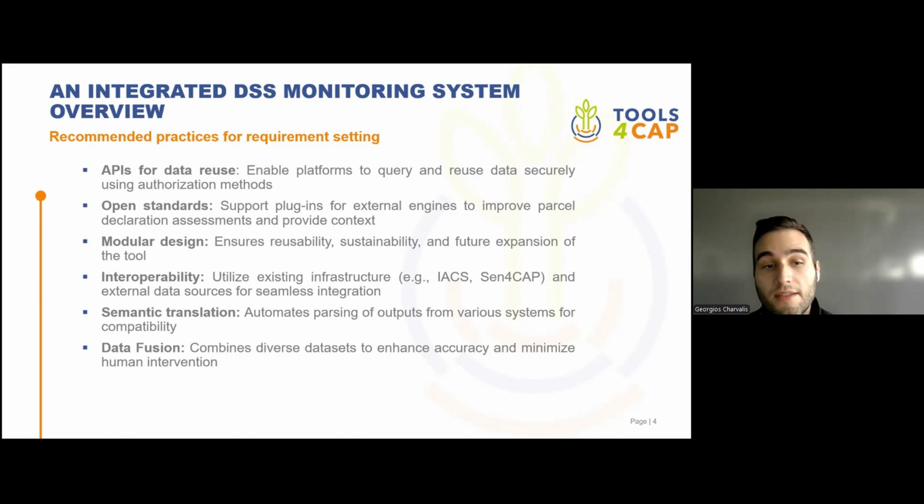The third one is the modular design. When designing software, stakeholders have to take into account that this is something that can be dynamic and can change from year to year, exactly like the legislation changes.